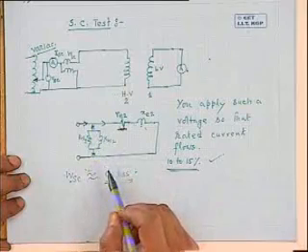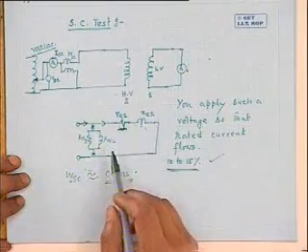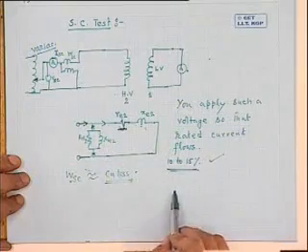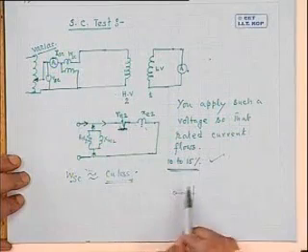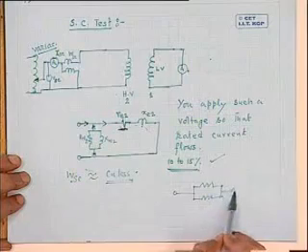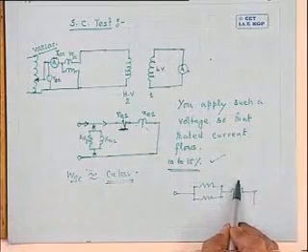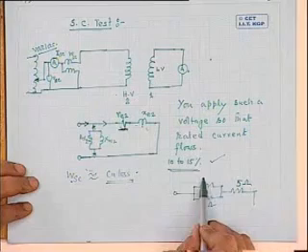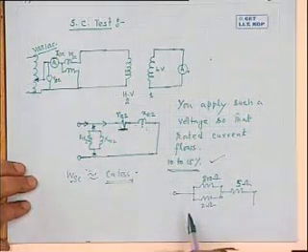So whenever possible, particularly during these two tests, you try to approximate to your advantage. For example, going slightly away from this topic, suppose I ask you to calculate the equivalent resistance of this series parallel circuit, where this is say 5 ohm, this is say 2 ohm, this is say 300 ohm.